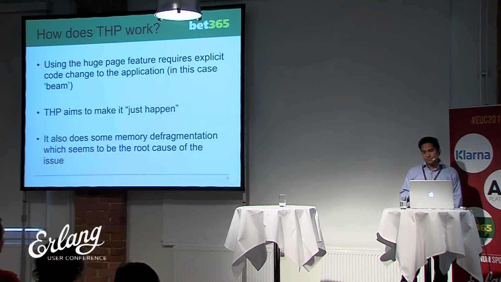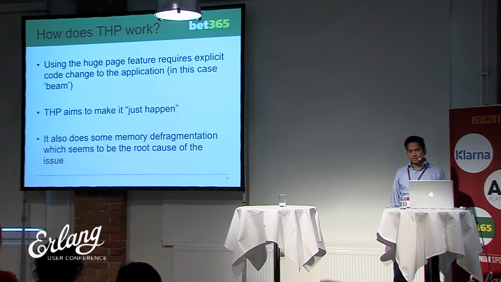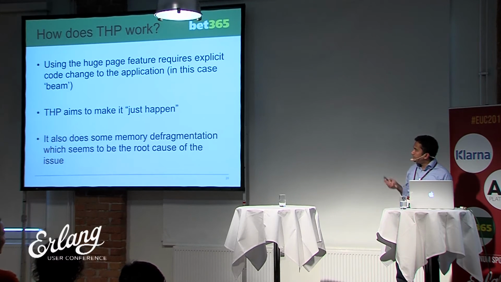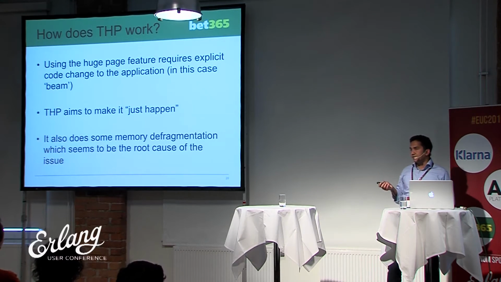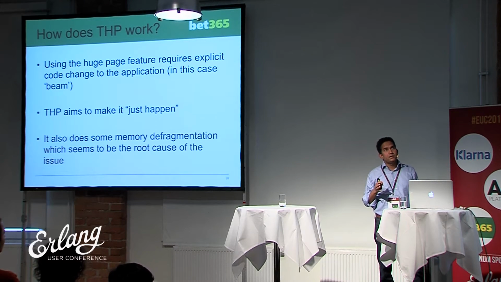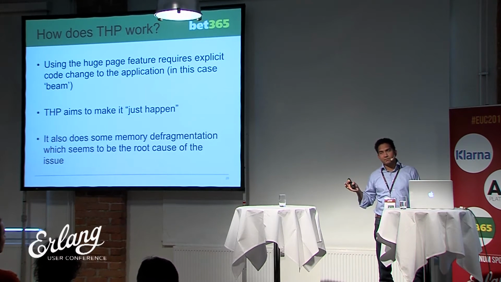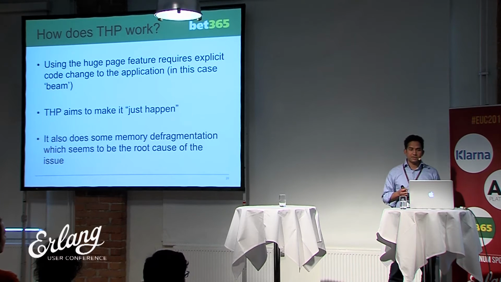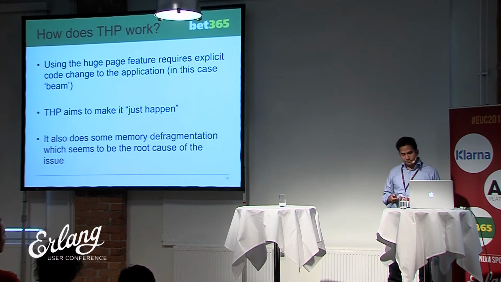According to their website, it aims to make it just happen. I think it also does some memory defragmentation when you start hitting high memory use, which ties up with the fact that we observed it when the memory usage of Beam exceeded about 20 gig on a box with 32 gig of RAM.